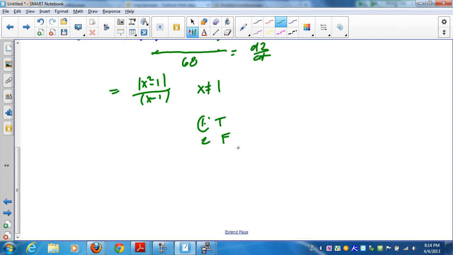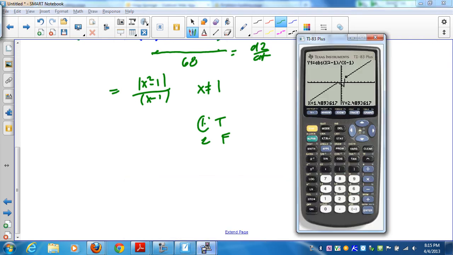And does it have a local maximum at x equals -1? At x equals -1. Well, let's zoom in on that. Sure looks like it does, doesn't it? Let me get over here just a little bit down.